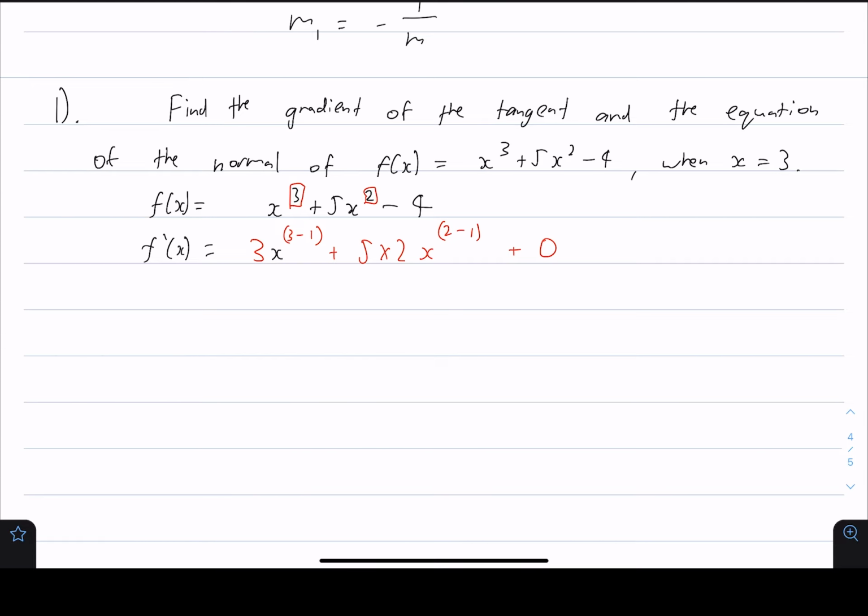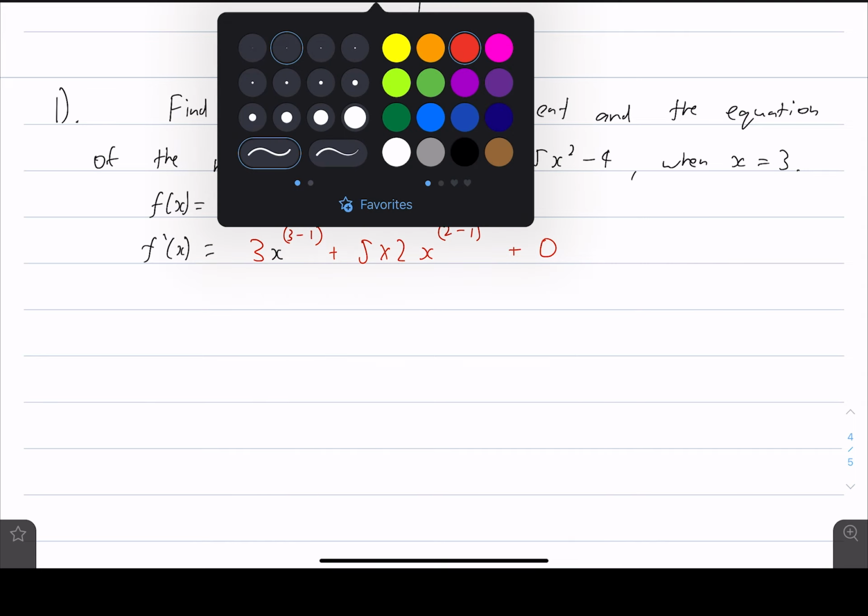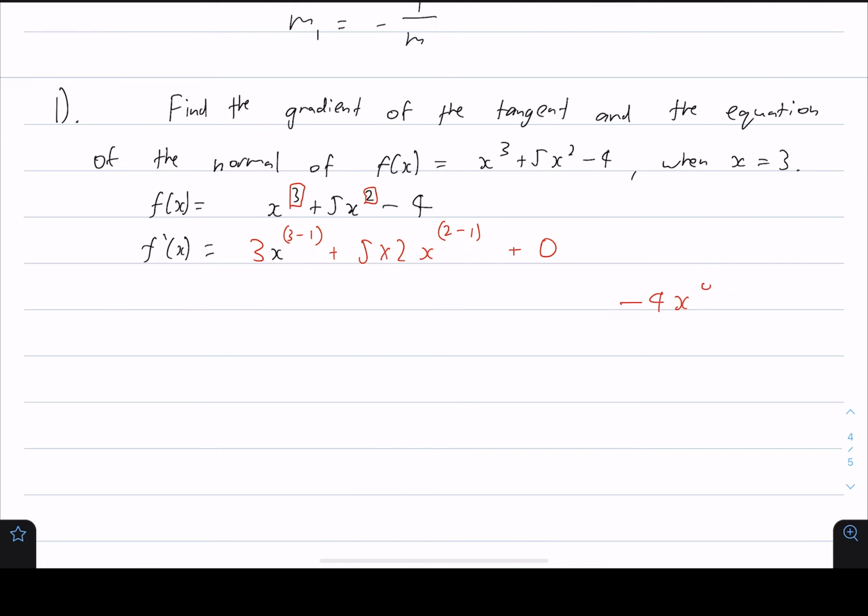There are 2 ways to think about this. We can express it as negative 4x to the power 0, and if we take the derivative of that, the 0 will come down and multiply with it, which makes it 0, because 0 multiplied with anything is just 0. Or we can think of it as y equals negative 4, a horizontal straight line, and the gradient of that is still going to be 0, regardless of what that number is. If it's a constant, the gradient and the derivative is just 0.